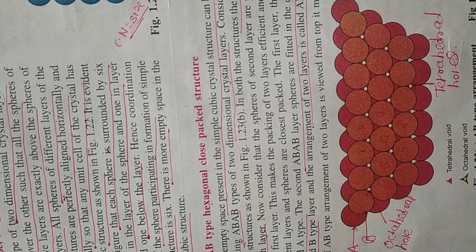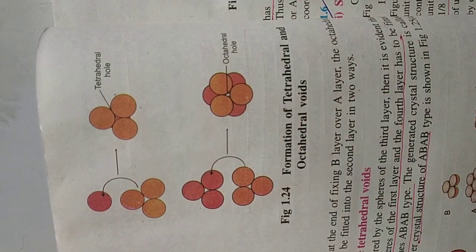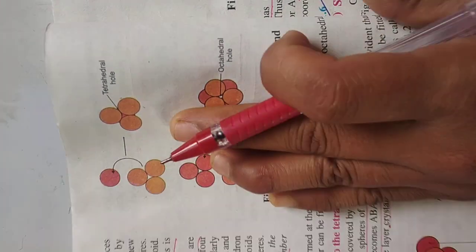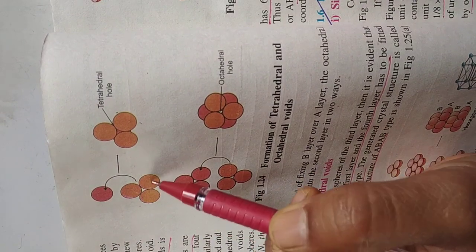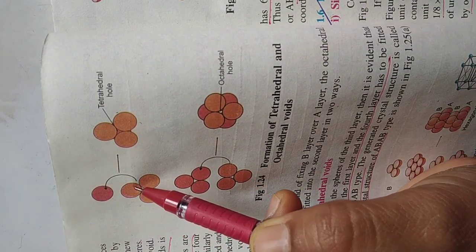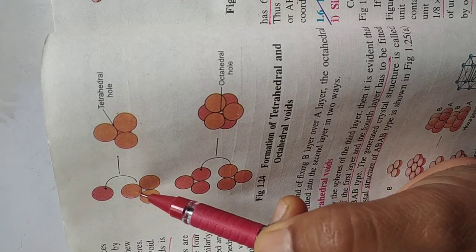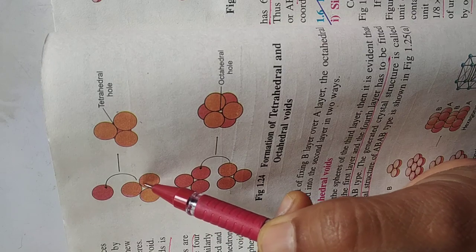How can these octahedral and tetrahedral voids form, you can discuss. Basically, you can see here, these are 3 atoms and one red atom, and these 3 brown atoms.